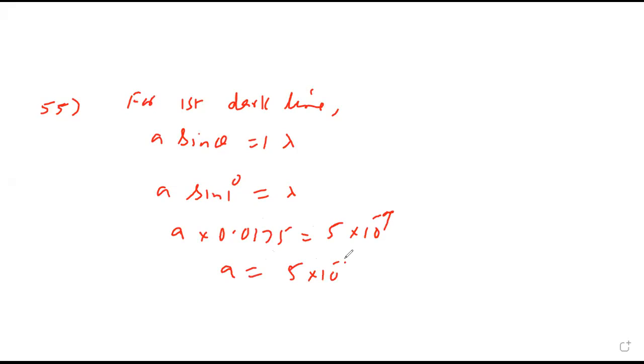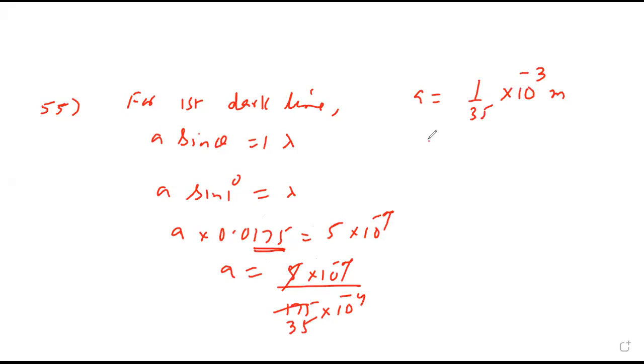Dividing, we get about 1 upon 35 into 10 raised to minus 3 meter.